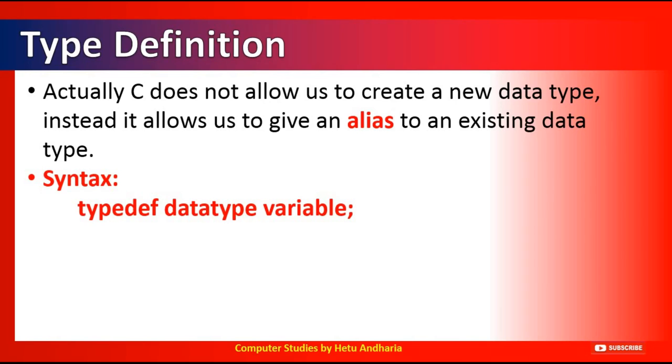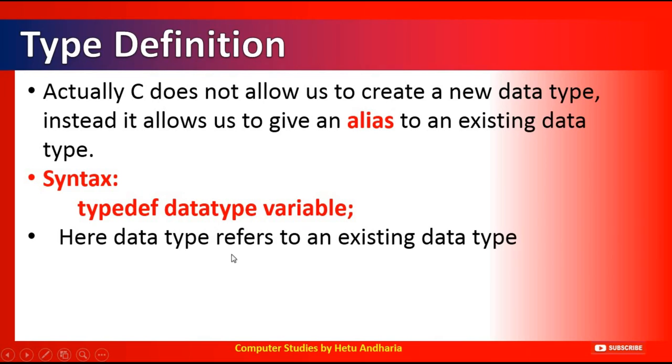Now the syntax. Syntax is like this: typedef, data type and variable. Here data type refers to an existing data type. I had given you this example just now, for example, integer or float. Whatever thing you want to give another name, that you will have to type as the data type here.